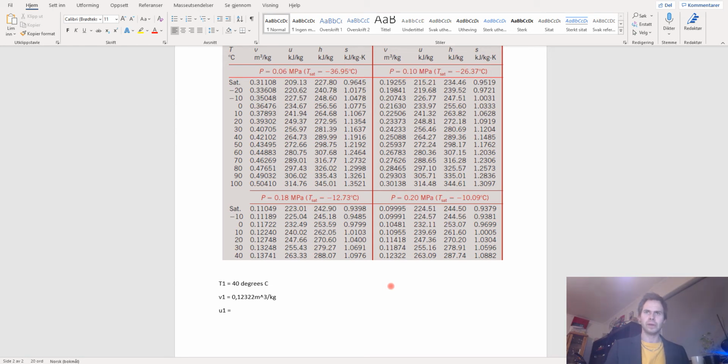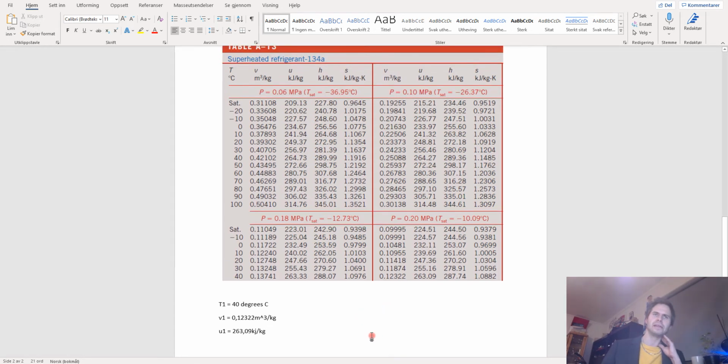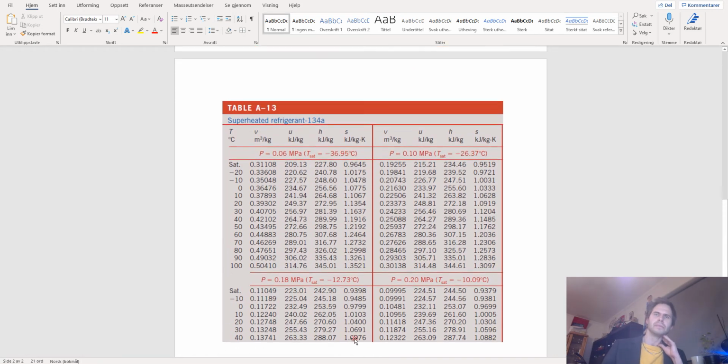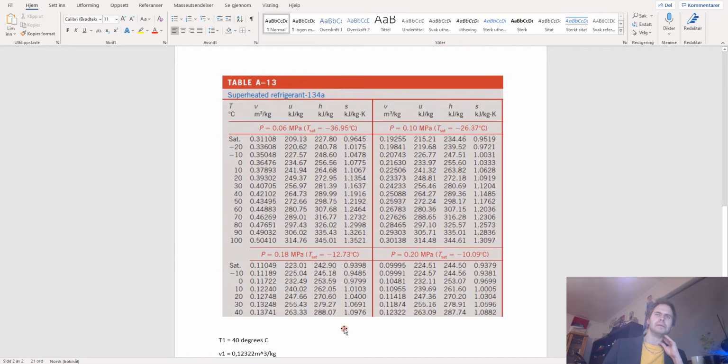Yeah, 263.09 kJ per kilo, and that's all we need to know. We have everything in state 1.